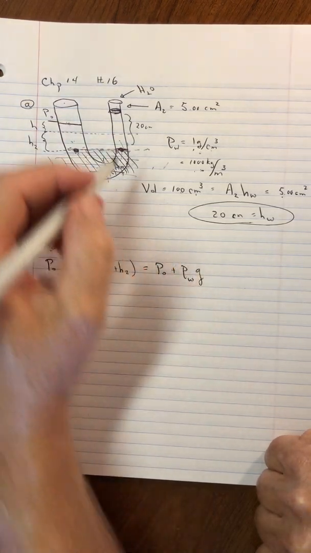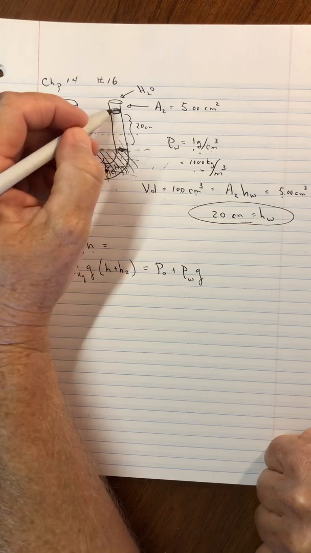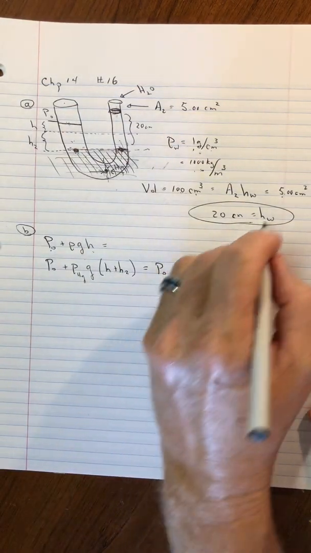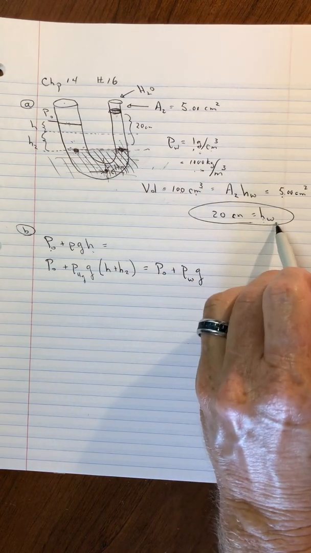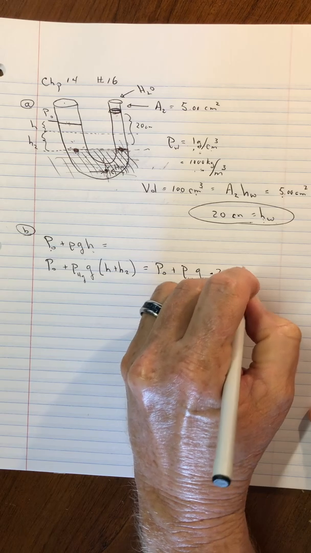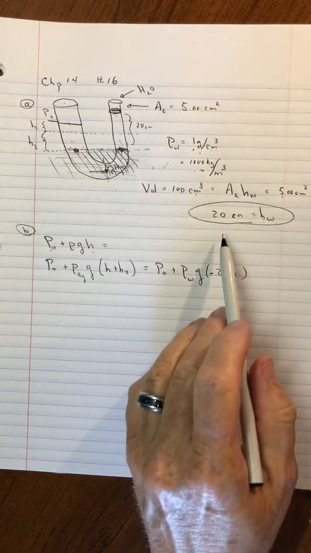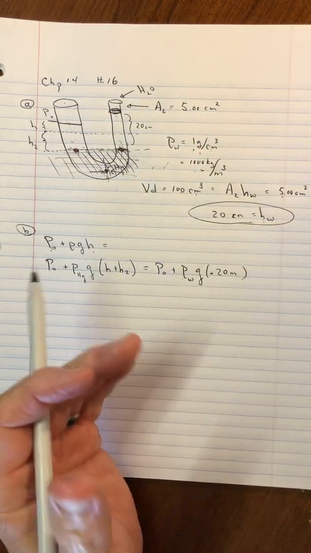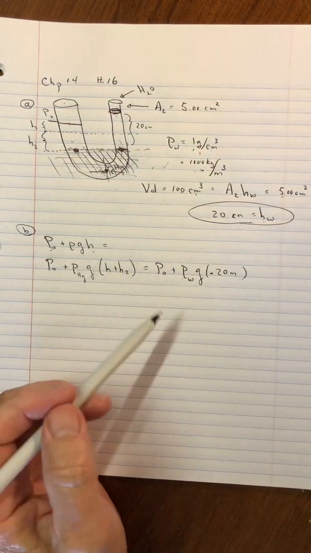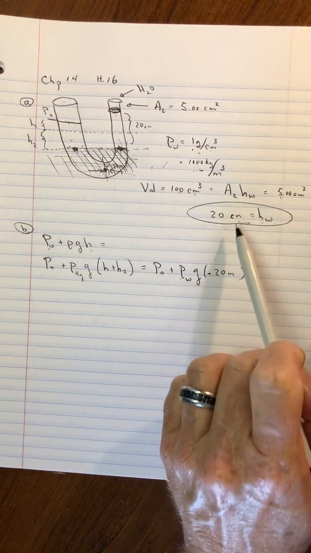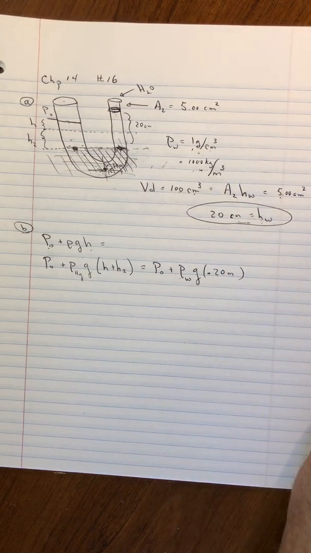We would have a G, and then this whole height, which we called H sub W, but I'll just put it as a number for right now because it's 20 centimeters. And since pressure is usually calculated in pascals, and pascals are in newtons, and newtons have meters buried inside of it, then I'm going to change this height to meters here.